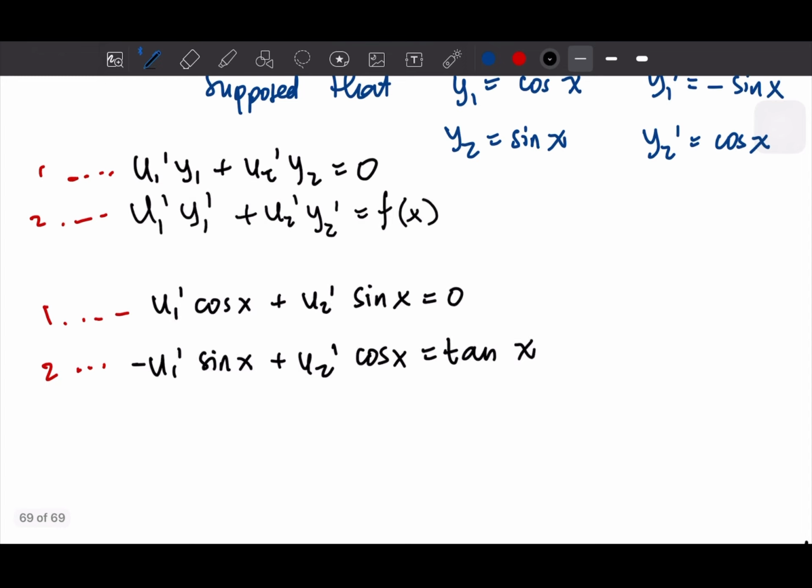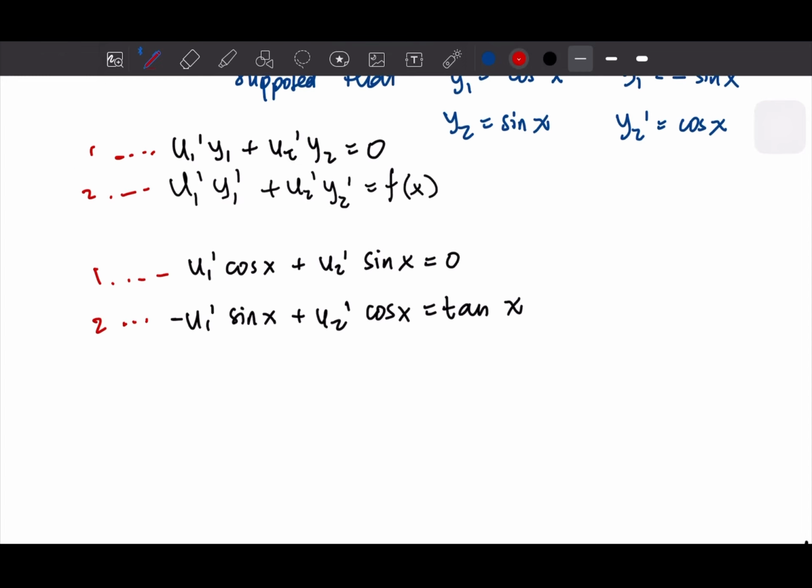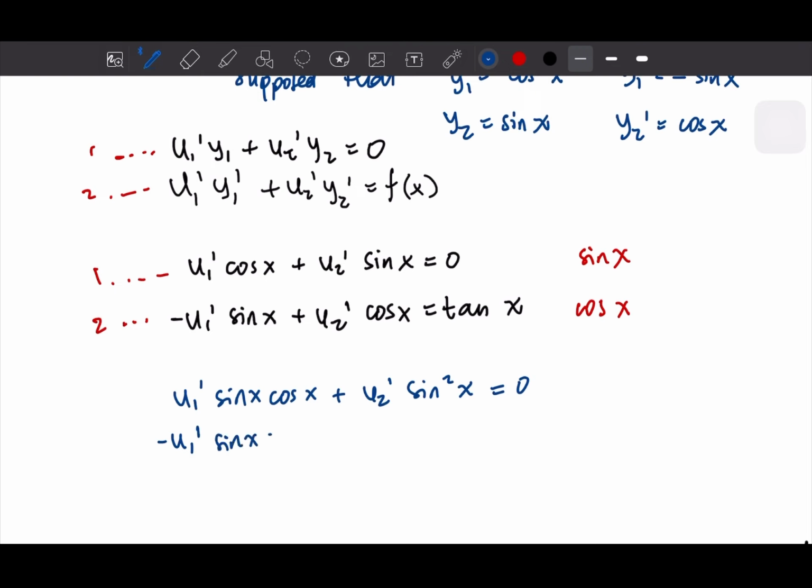And to solve this, like usual elimination or substitution, let's multiply sine x and cosine x for the bottom one. So we will have u1 prime sine x cosine x plus u2 prime sine squared x equals 0. The bottom one, negative u1 prime sine x cosine x plus u2 prime cosine squared x, and this will be sine x, right?